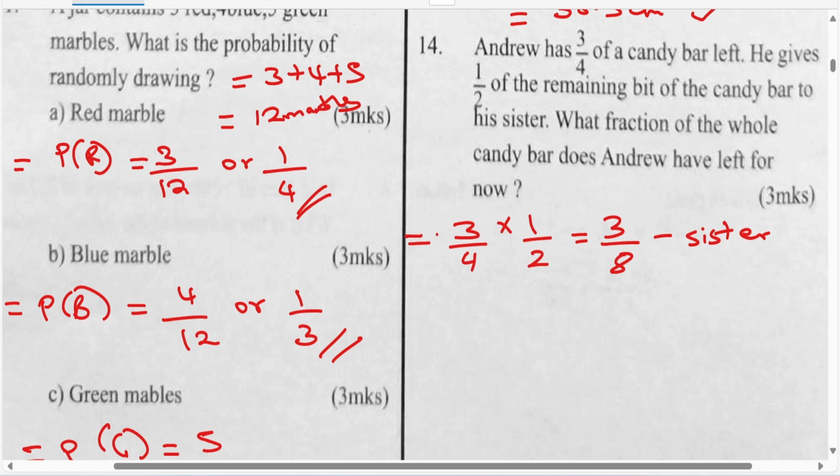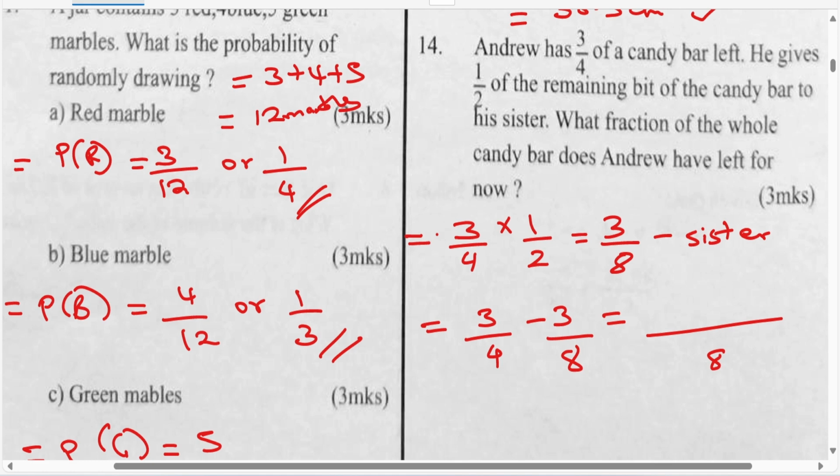So what fraction of the whole candy bar does Andrew have left for now? So basically, since he has 3/4, you minus it by 3/8, which he gave to his sister. So 3/4, the LCM is basically 12. Yeah, it's 12. Is it 12? It's 8, sorry. LCM is 8.